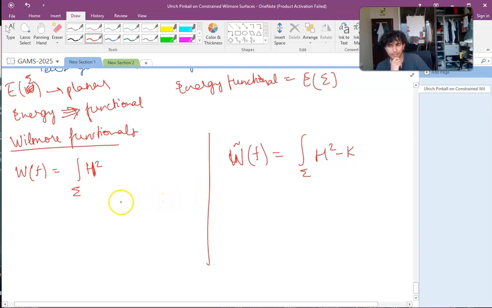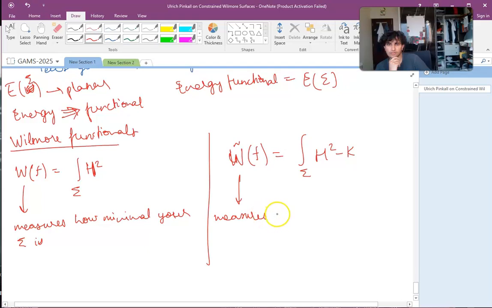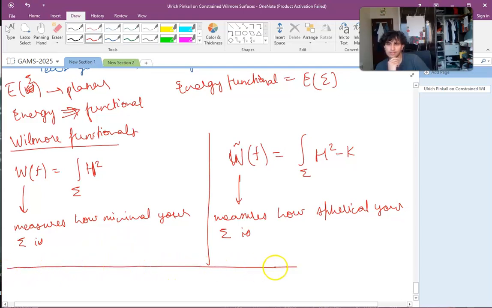Okay, and so this energy measures how spherical, I think, how minimal your sigma is, and this measures how spherical your sigma is. Okay. And this concludes page 1 of Ulrich's lecture.